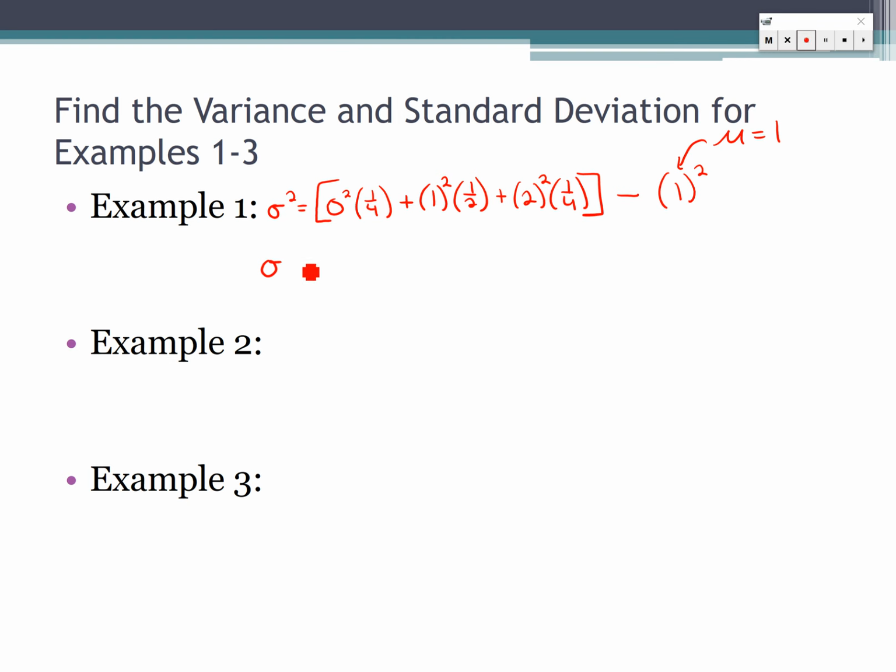Standard deviation, almost forgot, standard deviation for this one would just be the square root of the variance. Variance comes out to be 1/2. Square root of 1/2 is roughly 0.7 or 7/10, roughly.